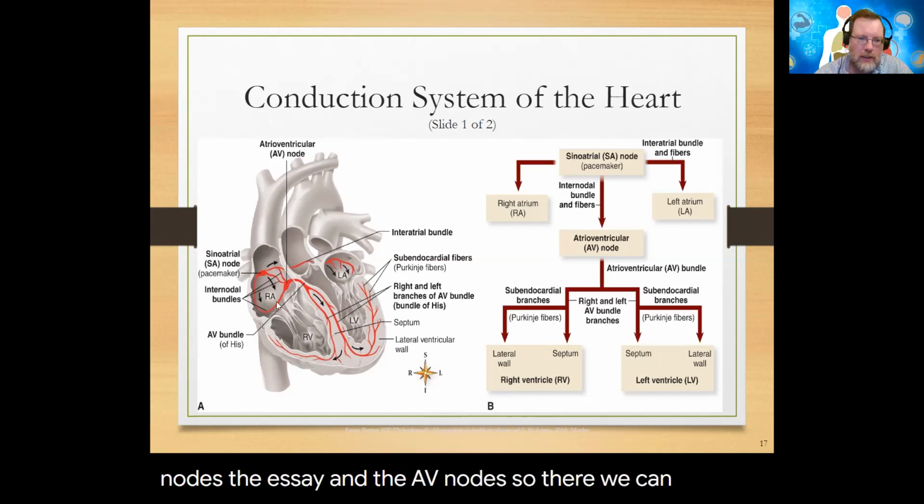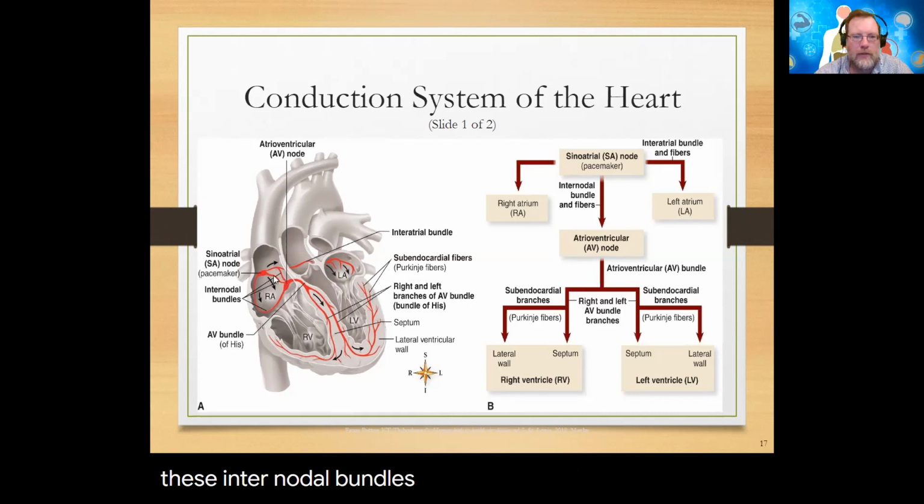So there we can see these internodal bundles. Okay, so the pace gets set by this SA node. Action potentials, nerve impulses are generated and travel to the AV node and over to the left atrium.